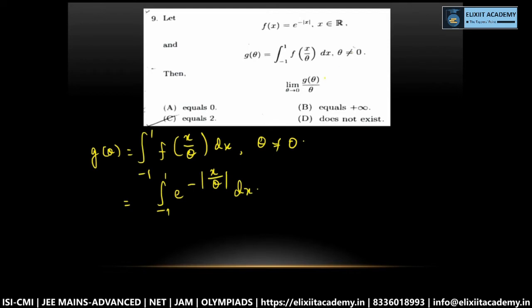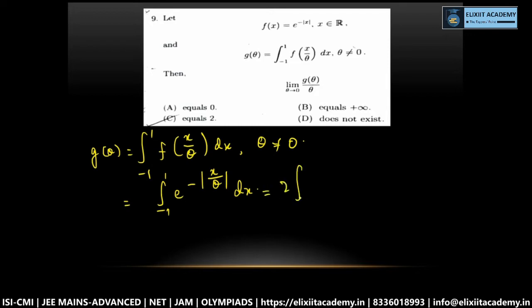Obviously, the first property which will come to your mind is the odd-even function property, integration from minus a to a of f(x) dx. This is an even function, obviously, so you can multiply by 2.